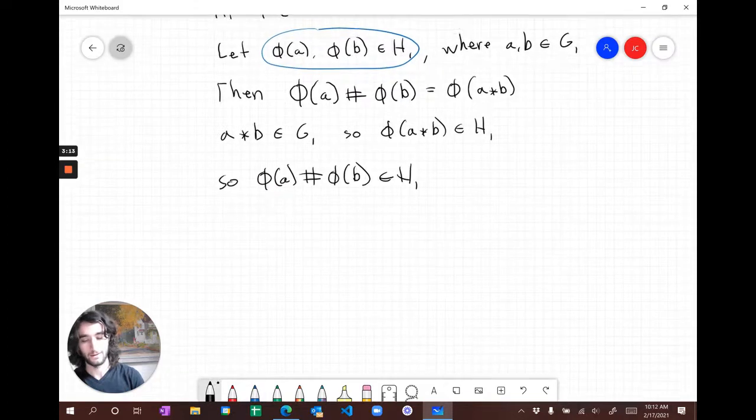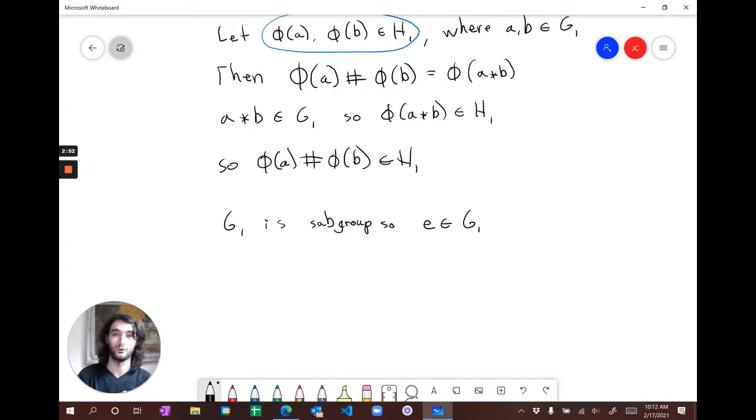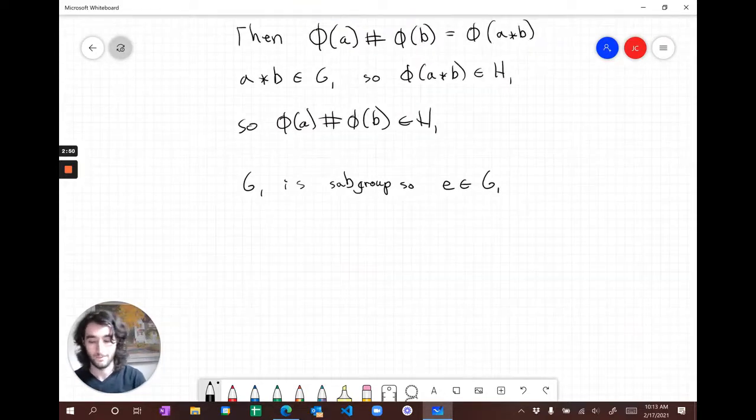Okay, how about identity? G1 is a subgroup, so that means E is in G1. And it is a fact that isomorphisms map the identity to the identity.